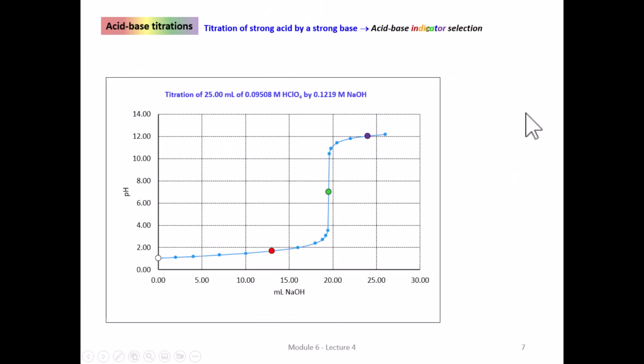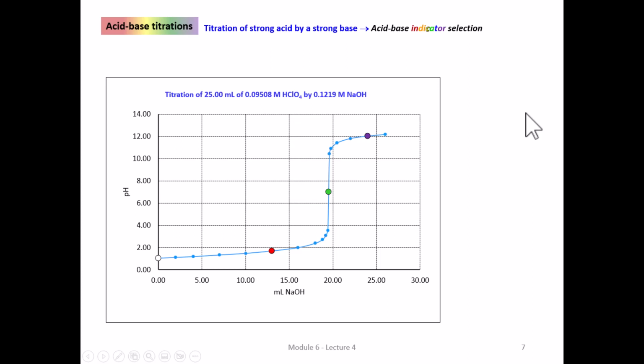Well, there's no reason why we couldn't add an indicator. And I think previously in lecture 3, we tried to defend our choice of indicator by saying if you ultimately look at the titration curve, you can see why these indicators that we picked out would work. Again, if you actually take the data and plot a titration curve, you don't need an indicator.